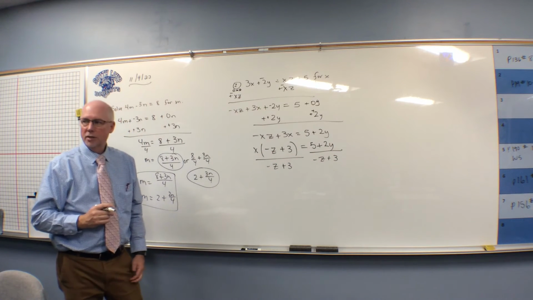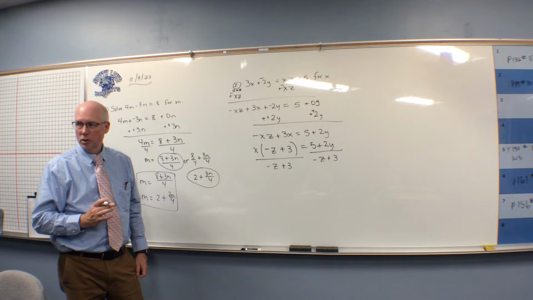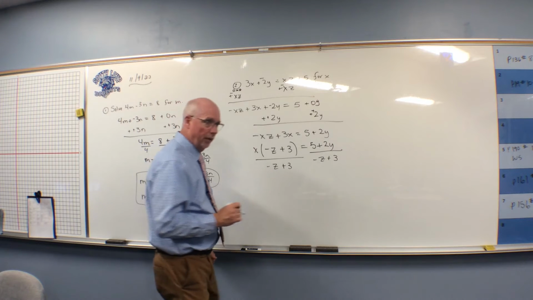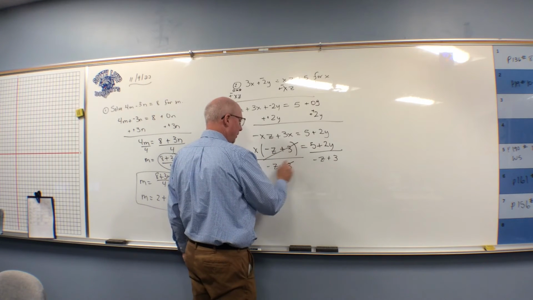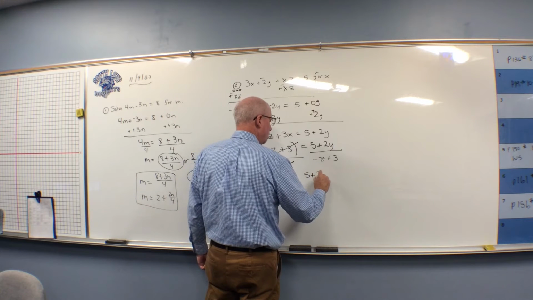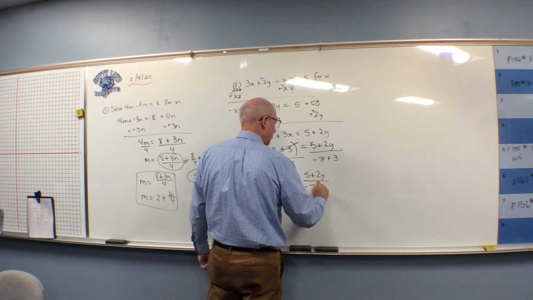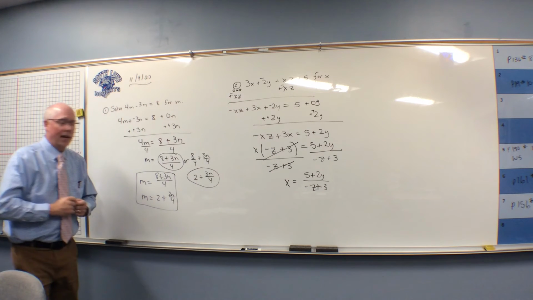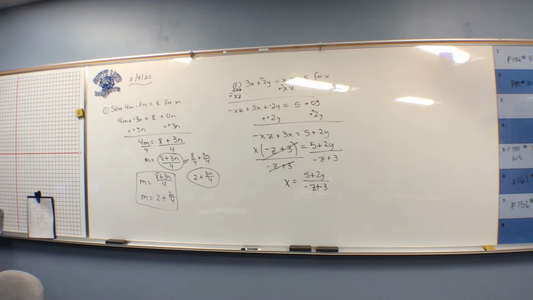Do you remember last year in 7th grade when I told you to learn your integers quickly? Because we're going to move on to different things. We are here. So now this cancels with that, and I have x equals 5 plus 2y over a negative z plus 3. And that is your answer. Whether you like it or not, that is your answer.